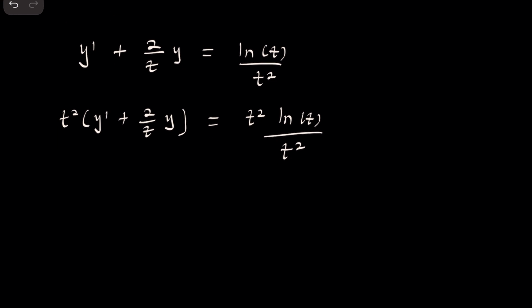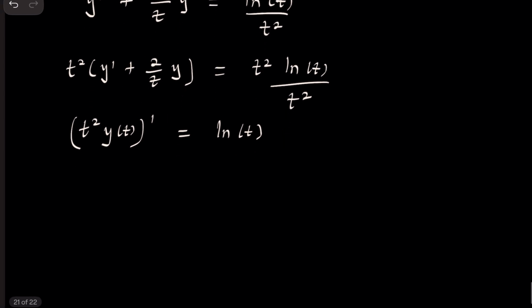The left hand side will always be equal to μ(t), which is t² in this case, times y(t), all differentiated with respect to t, is equal to, so here t² will cancel t², and so we are going to have ln t. Now we integrate both sides.